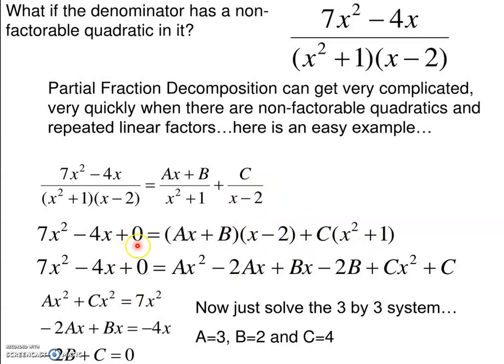Here I take 0 as the constant because we have to simplify. ax into x is ax square, ax into minus 2 is minus 2ax, b into x is bx, and minus 2 into b is minus 2b. c into x square is cx square, c into 1 is c.